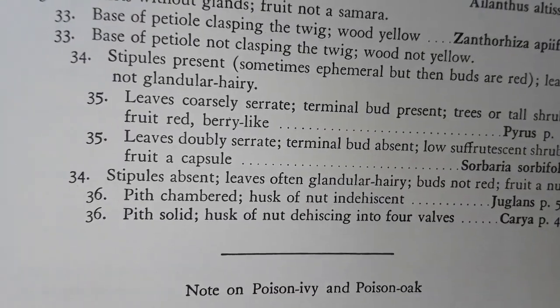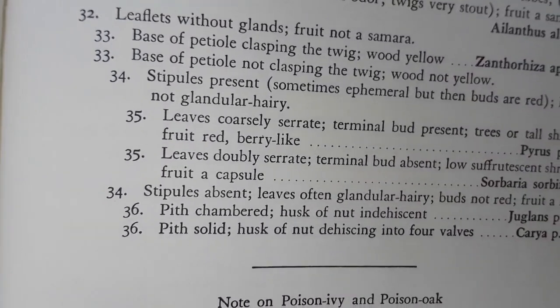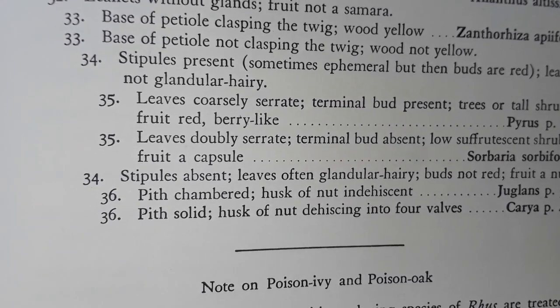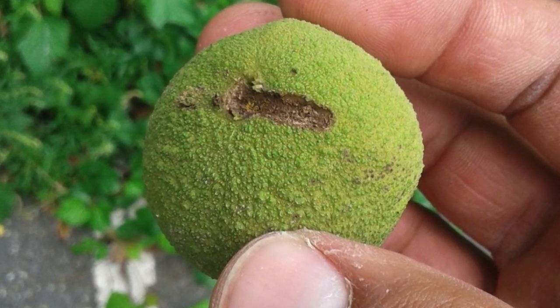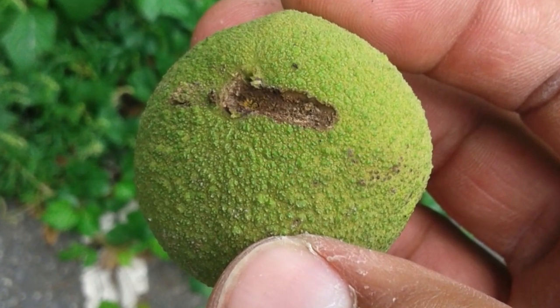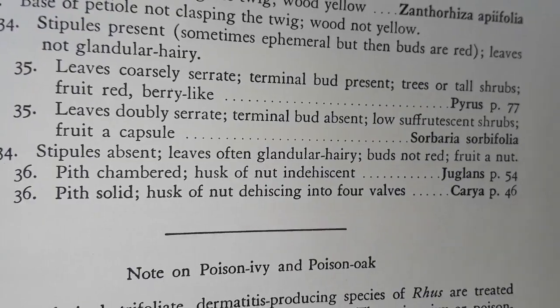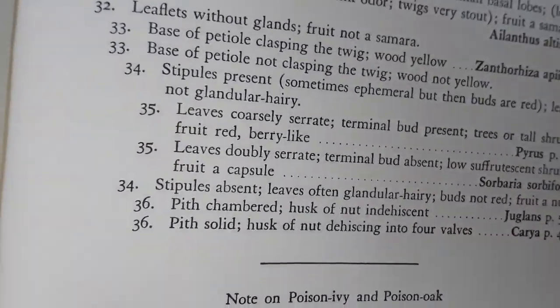That means, will the husk of the nut break open along a preformed line? The answer is no. It's completely smooth all around. There's no opening, no obvious point of opening. So that takes away Carya. Carya dehisces. Those are hickories. We're left with Juglans, which are the walnuts.